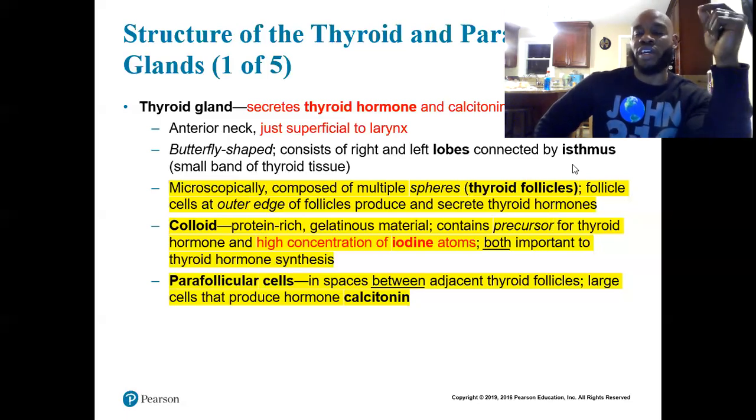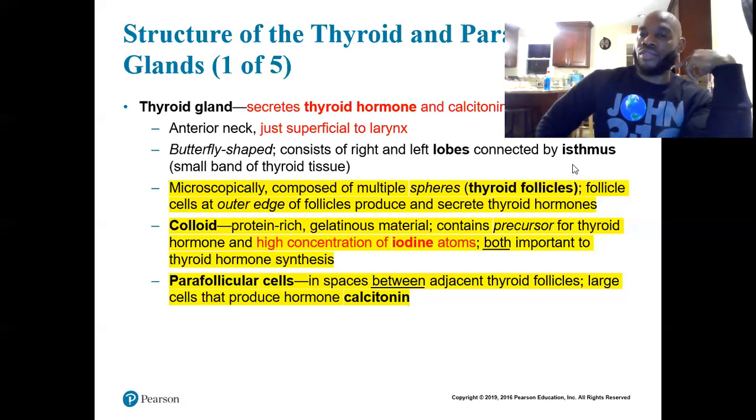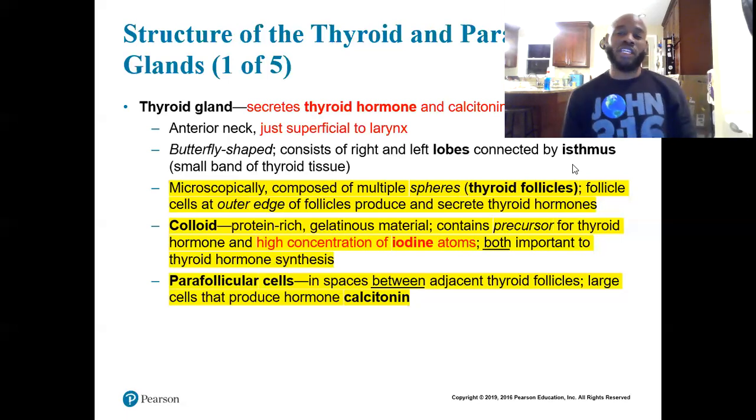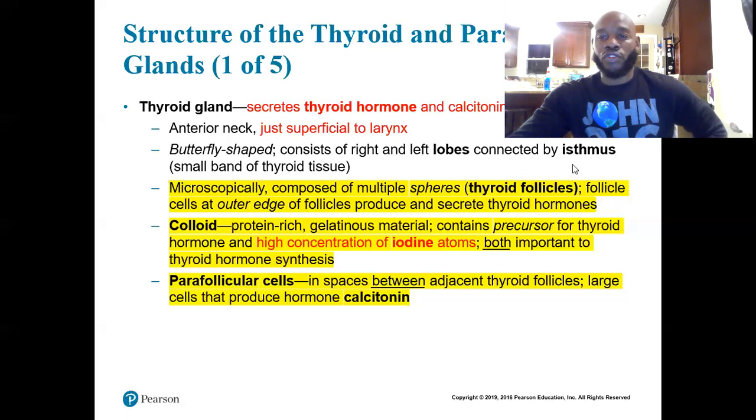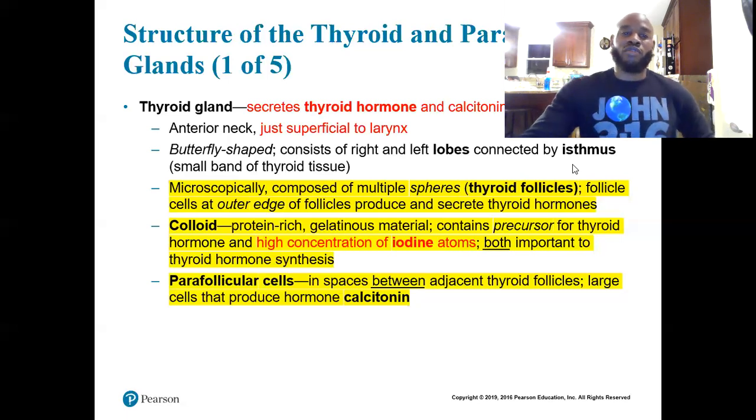That's why people have issues with the thyroid; some of it has to do with your iodine. And then we have parafollicular cells, in spaces between adjacent thyroid follicles, and that's where we produce our calcitonin, another important hormone created by the thyroid gland.